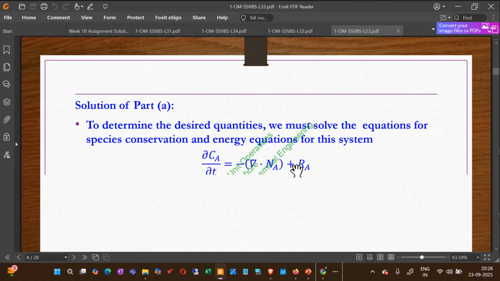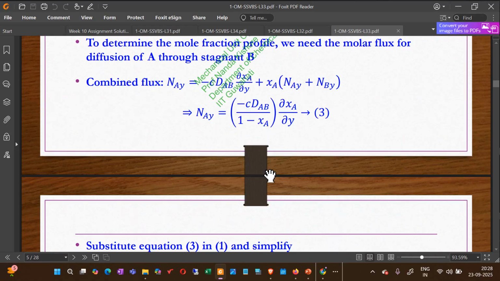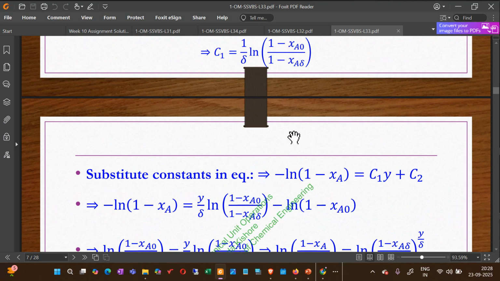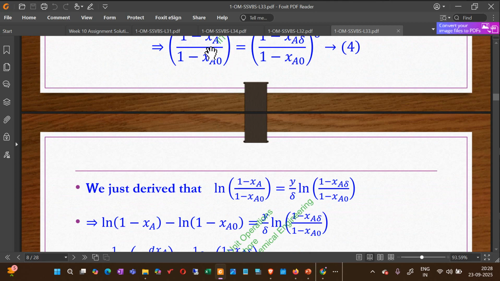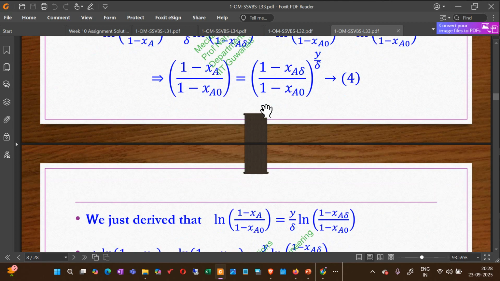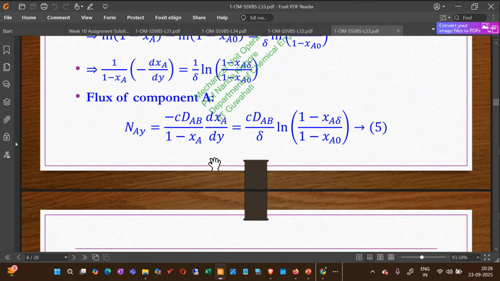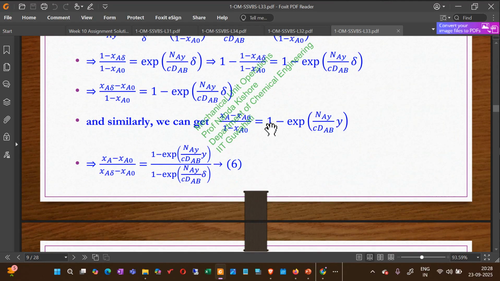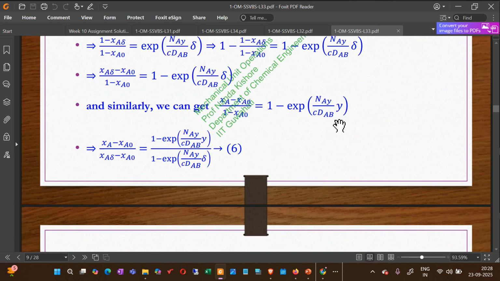So while solving, you have encountered different things, but the main thing is the expressions that you have derived. So this was for the composition XA, and then once you have XA, you want to calculate dXA by dZ to calculate the flux. And this is the formula that we have used right now, right?